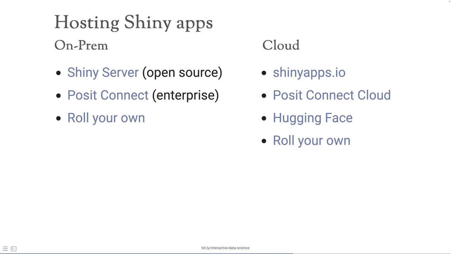There are also cloud-based solutions. ShinyApps.io has been around for a long time. There is a new product called Posit Connect Cloud that lets you publish Shiny and also all sorts of Python frameworks as well. And then things like Hugging Face, you can roll your own if you would like.